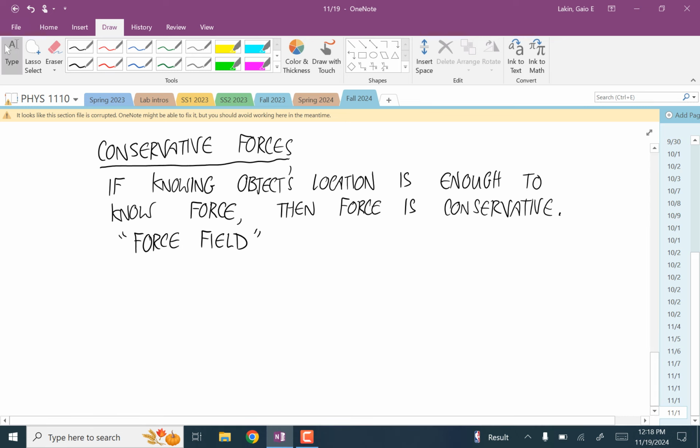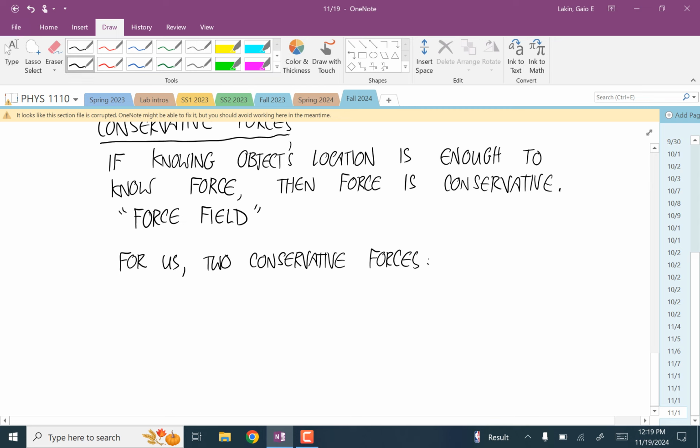For us, there are only two conservative forces, or forces that have force fields, that you have to worry about. One is weight, so the force applied by gravity.